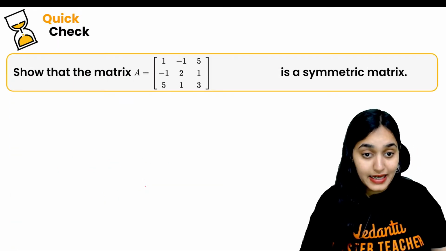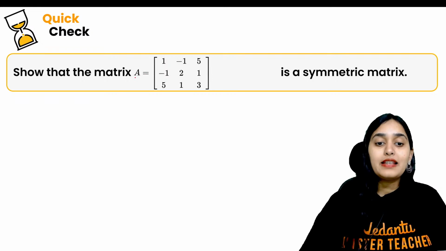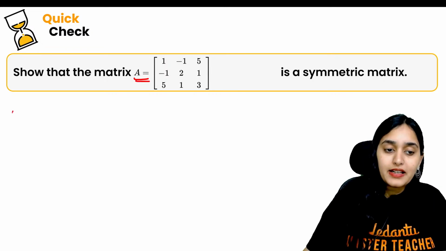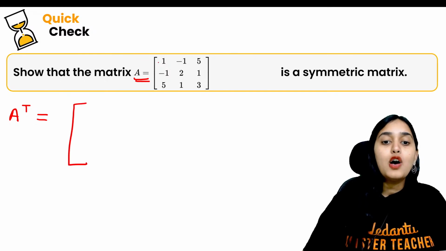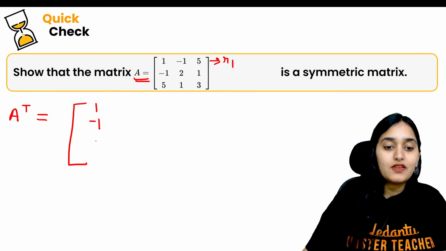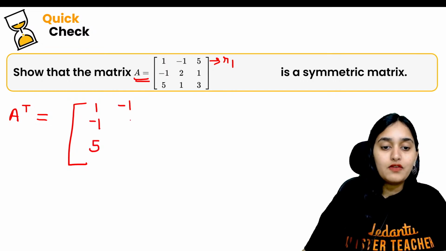Understood? Let's take an example. This is A matrix. Let us find out A transpose. A transpose will be: row number 1 becomes column number 1: 1, -1, 5. Then -1, 2, 1. Then 5, 1, 3.